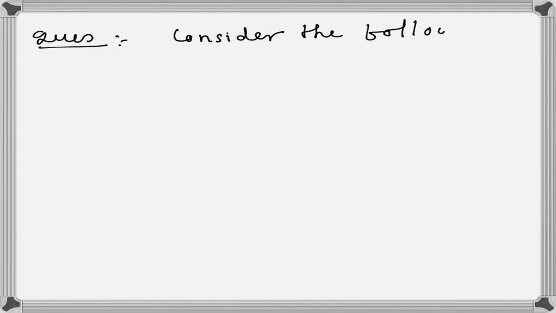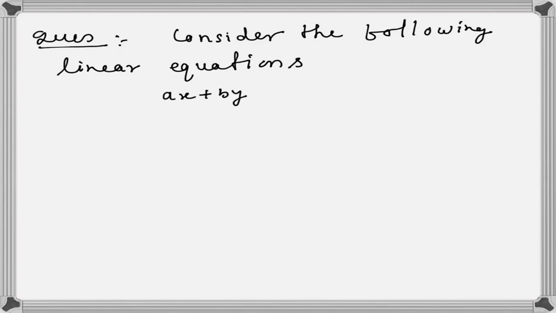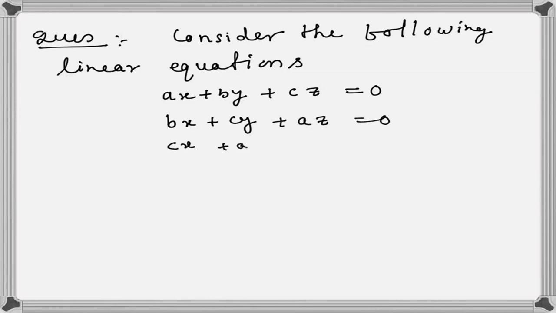Let's solve another question. So consider the following linear equations: ax plus by plus cz equals 0, bx plus cy plus az equals 0, cx plus ay plus bz equals 0.